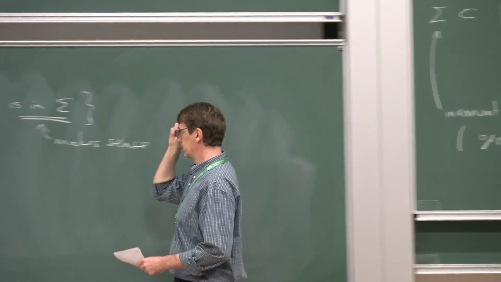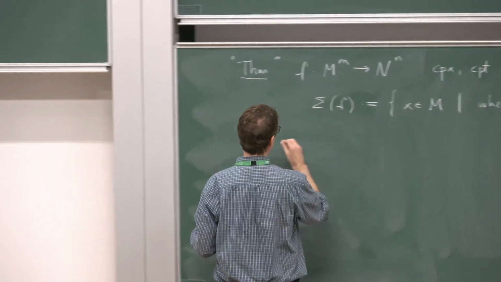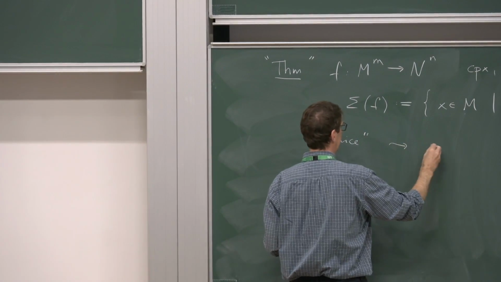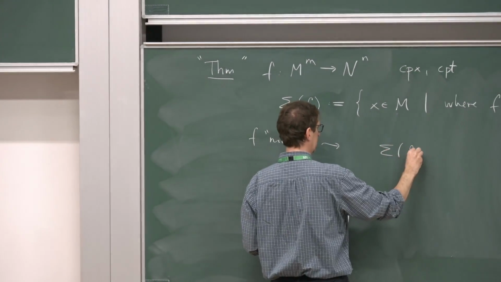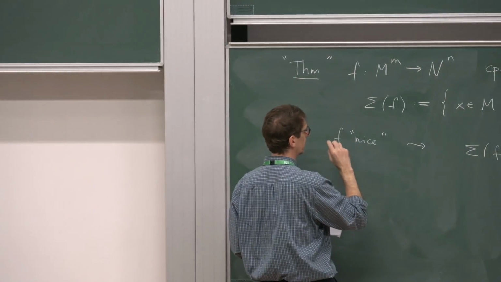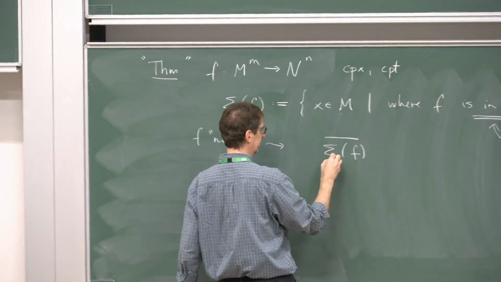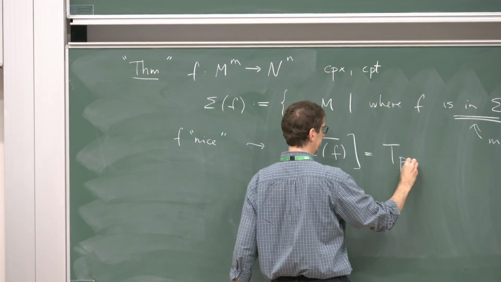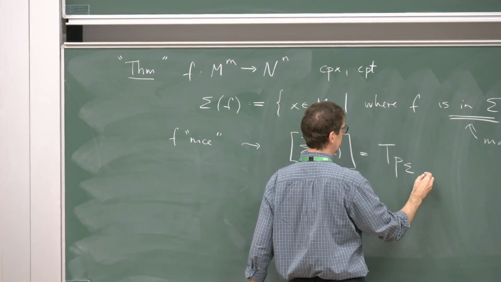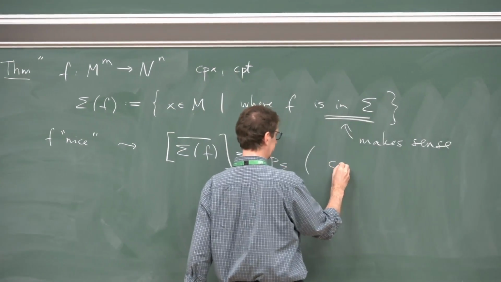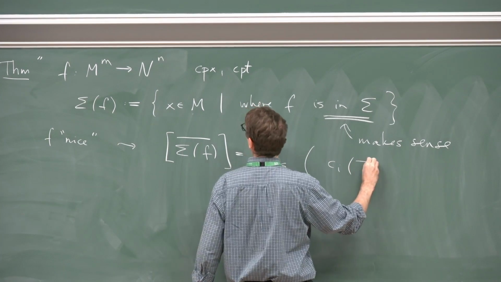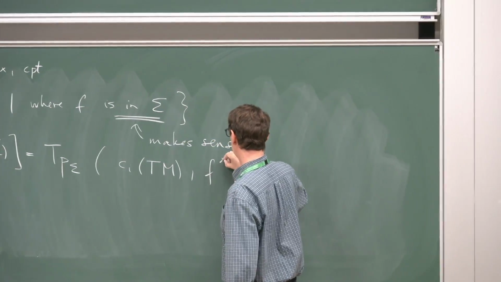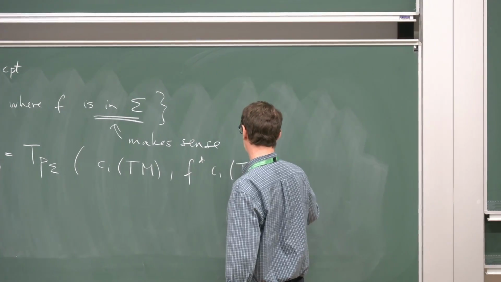So this makes sense. And then the theorem is that if f is nice enough, some transversality conditions hold, then you can take the closure of that, and this can be calculated by just a polynomial, the Thom polynomial of sigma, evaluated at the Chern classes of the source manifold and the pulled back Chern classes of the target manifold.